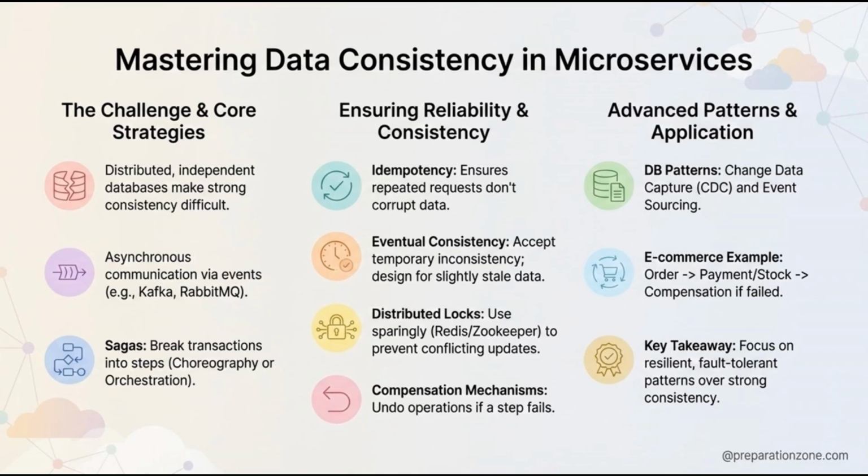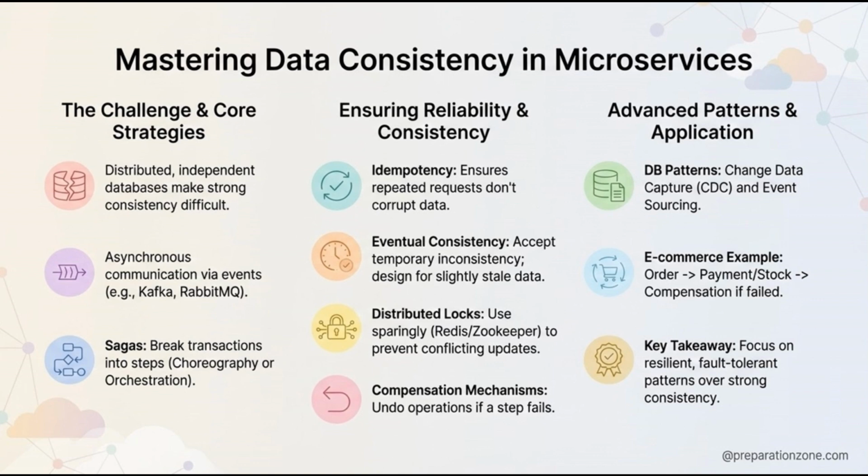The real world example is the e-commerce flow. An online order: the order service creates it and publishes order placed. Inventory reserves stock. Payment charges the customer. If something fails, compensation like order cancel kicks in. Eventually, all services settle into a consistent state. No locks, no global transaction, just reliable coordination.